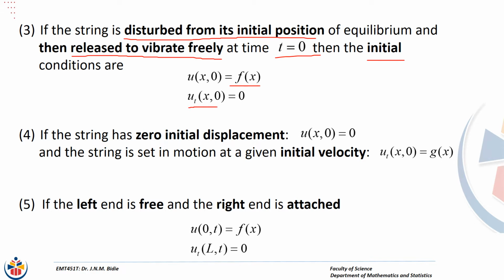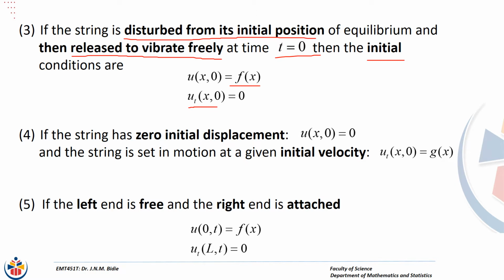So that means we have the initial velocity equal to 0. Initial velocity, we need to remember if displacement is u, then velocity is du over dt. That is why we have u subscript t representing du over dt when time t is equal to 0.